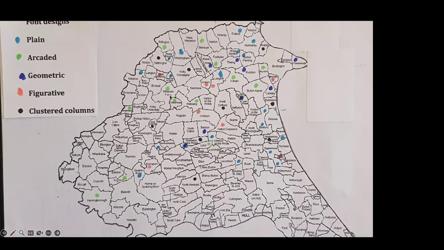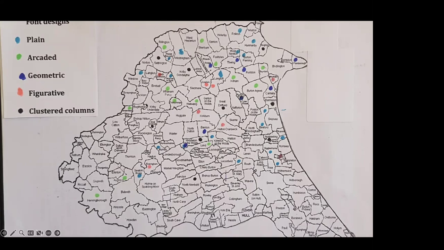So this was not an economically very productive area, unlike, say, around Beverley and around the Holderness and in the Vale of York, where during the Middle Ages and later, there was much more prosperity and much more economic activity. That means, of course, it's not that there weren't Norman fonts down there. It means that there was the money to replace them with later ones.